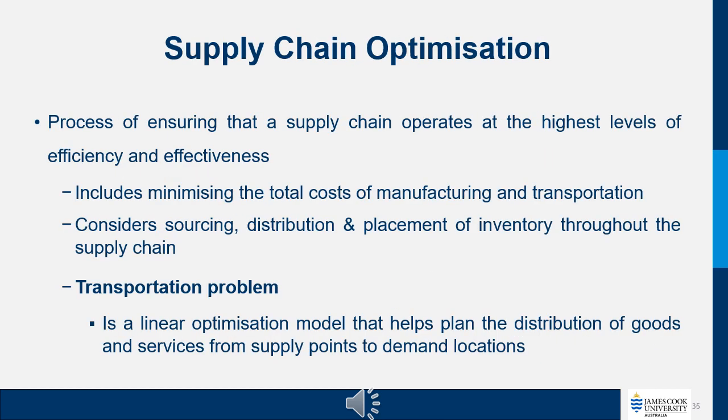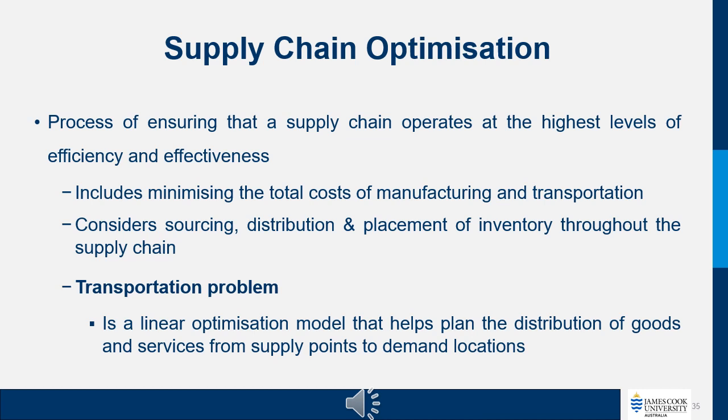Supply chain optimization is a process of maximizing the efficiency and effectiveness of a supply chain. It involves various strategies and techniques aimed at minimizing costs, improving customer service, and enhancing overall supply chain performance. Some of the key explanations here are efficiency and effectiveness. Supply chain optimization aims to ensure that the supply chain operates at the highest level of efficiency and effectiveness.